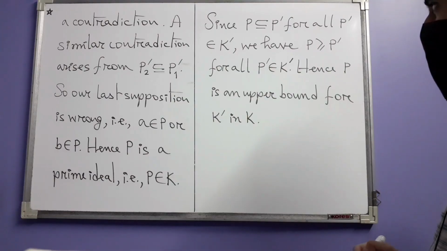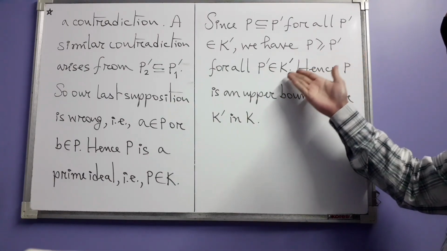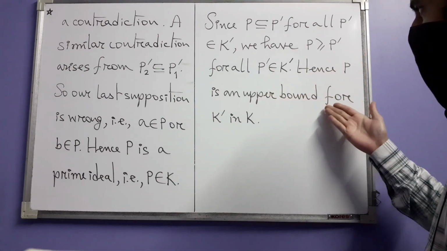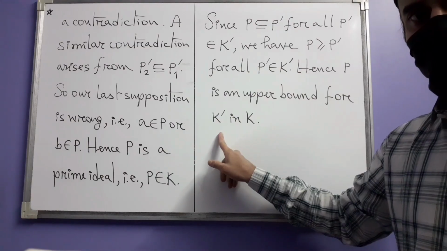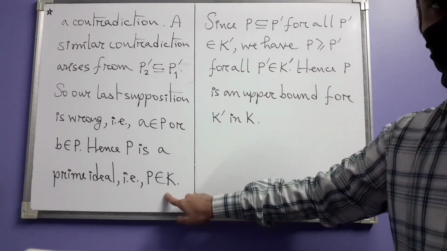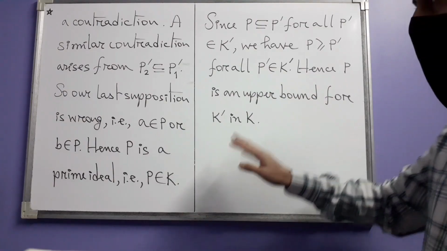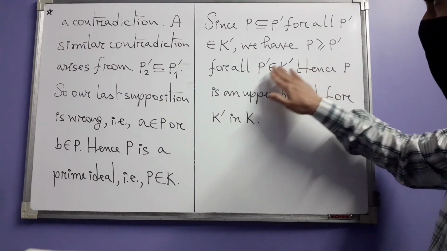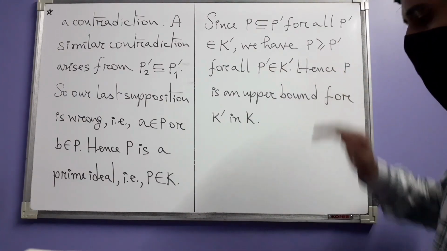And this just tells us that P is an upper bound for K prime. In K, this in K part just indicates this fact that P is inside K, and it's an upper bound for all the elements of K prime in this sense.